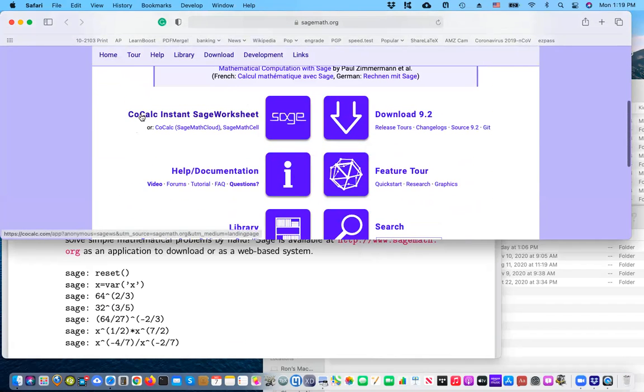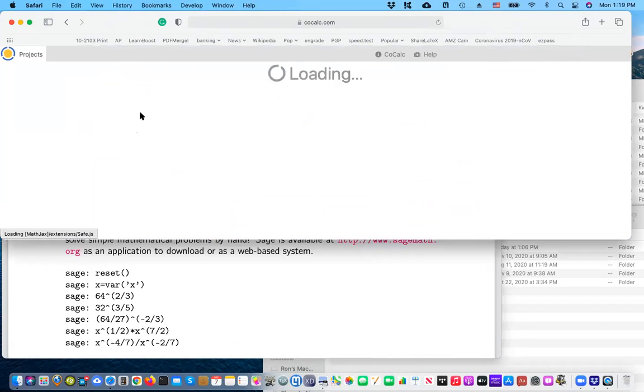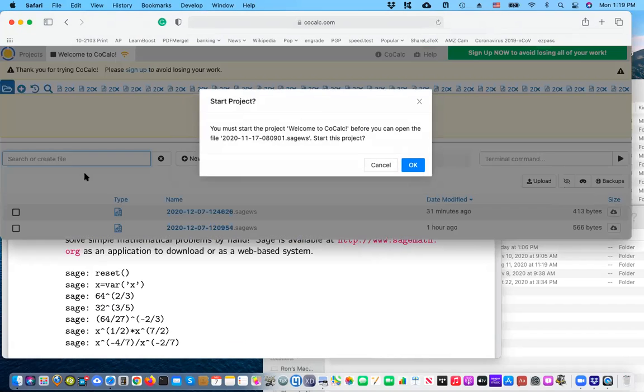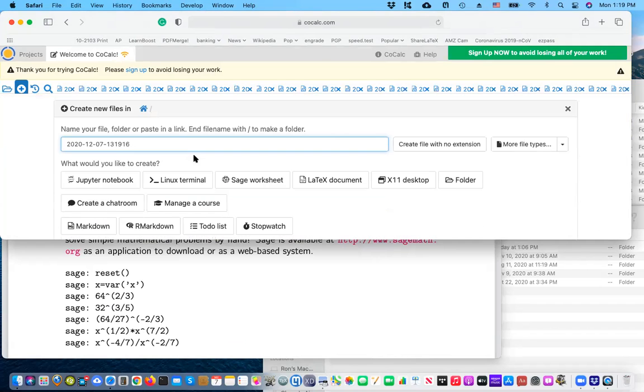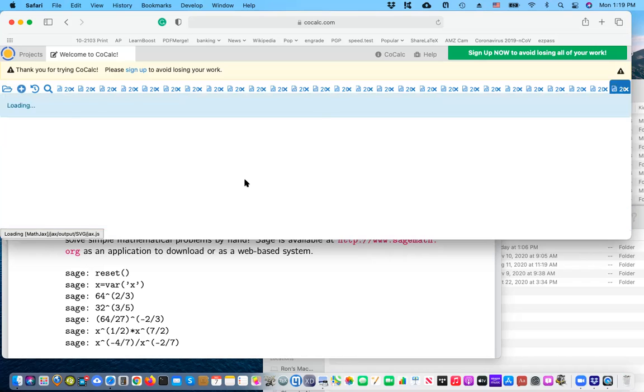Again, we're going to do CoCalc. This should be very familiar to you at this point. I want a new worksheet. I'm going to do a Sage worksheet. Just give it a second to load.